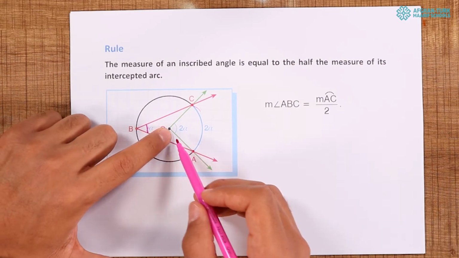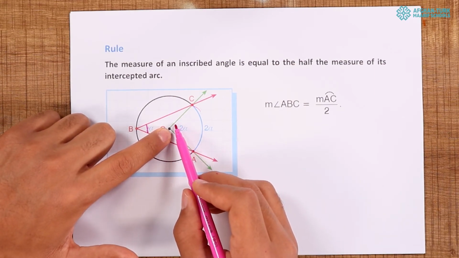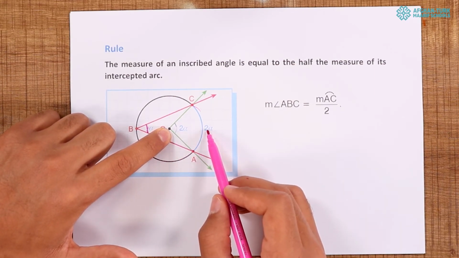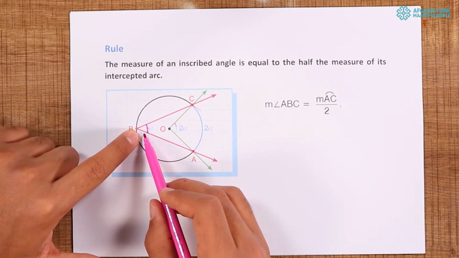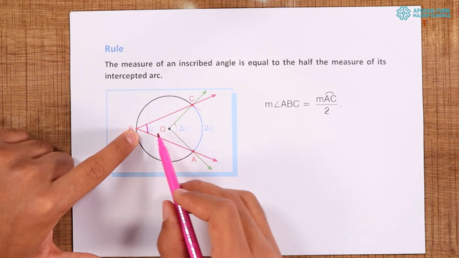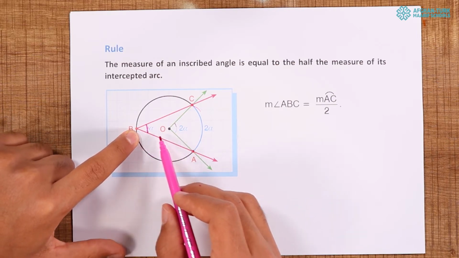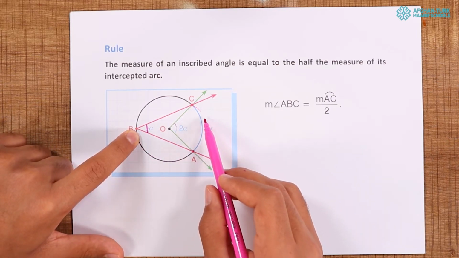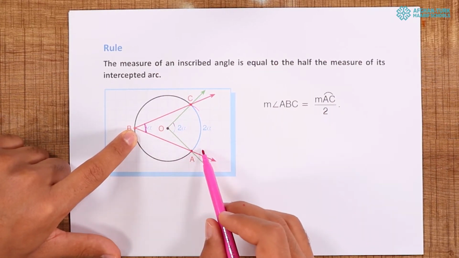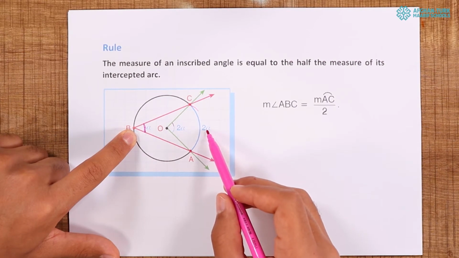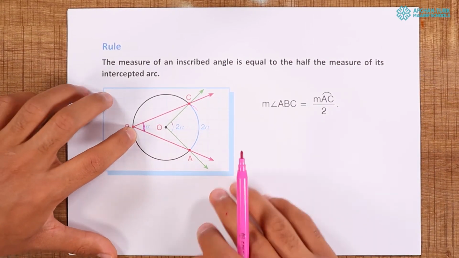As we studied before, the measure of the central angle is equal to the measure of the arc. So this also gives us the formula: the measure of the inscribed angle is equal to half of the measure of the intercepted arc.